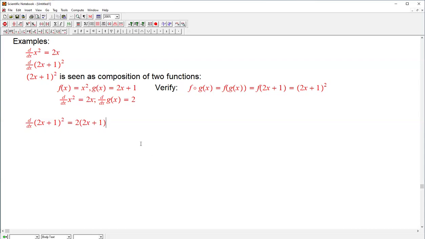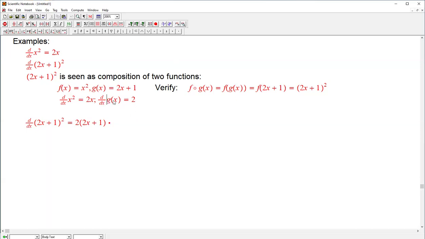If that is clear, let me know. So the derivative of x squared is 2 times the parentheses. The derivative of x squared is 2x. The derivative of (2x plus 1) squared is 2 times the parentheses. Multiply, it's not over.